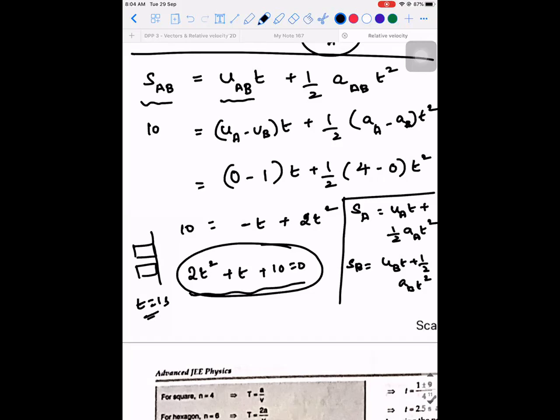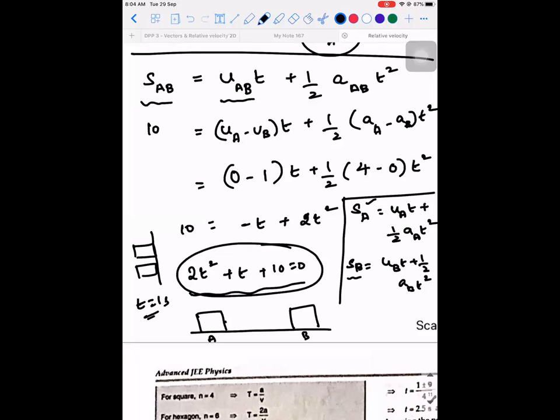So this SA tells us the distance traveled by whom? This SA tells the distance traveled by car A. SB speaks about the distance traveled by car B. I hope it is clear.